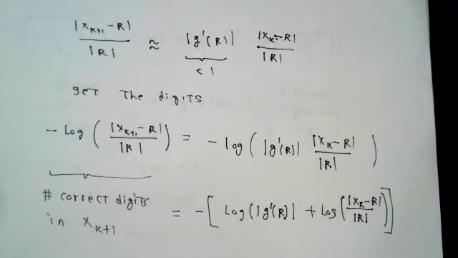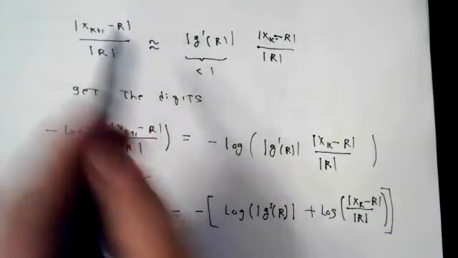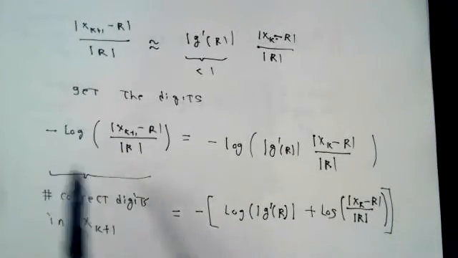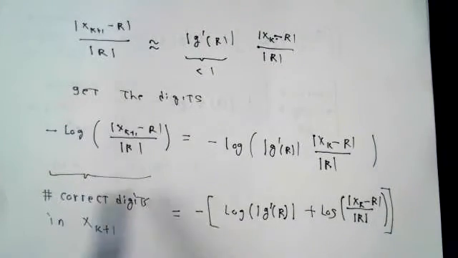I'm going to take the relative error, I'm going to take the base 10 logarithm of that, and then I'm going to put a negative sign in front of it. So this is approximately equal to this. Take the logarithm of both sides and put a negative sign in front, and you'll get the equation in the middle of the page. This literally represents the number of correct digits in x number k plus 1.